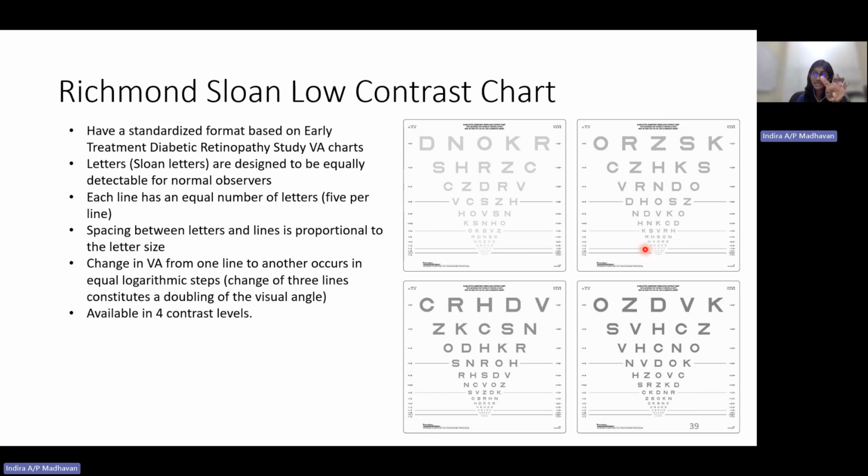When you touch and point at the letter, it might touch this area or this area, which will lead to contamination of the chart. So any chart related to contrast sensitivity, or even a VA chart, shouldn't be touched.